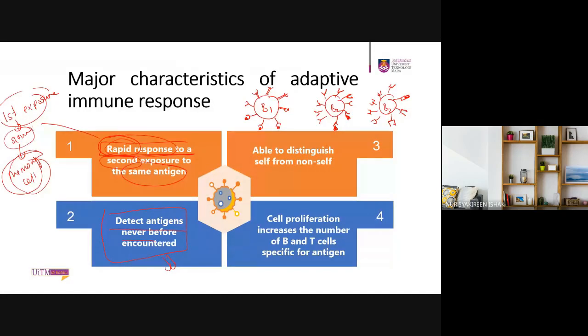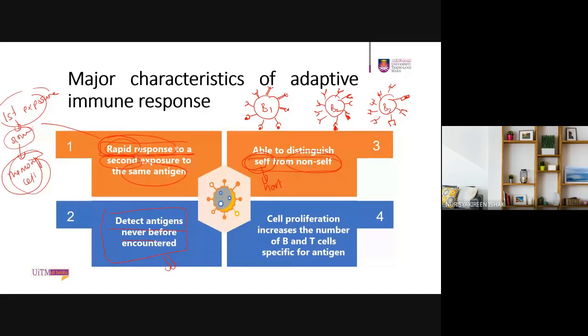Okay. The third one, able to distinguish self and non-self. So your immune cells, as I mentioned, only attack non-self antigen, which is foreign pathogen that enters into your body. Your immune cell cannot attack self antigen. Self antigen means antigen from the host cell, your own body.